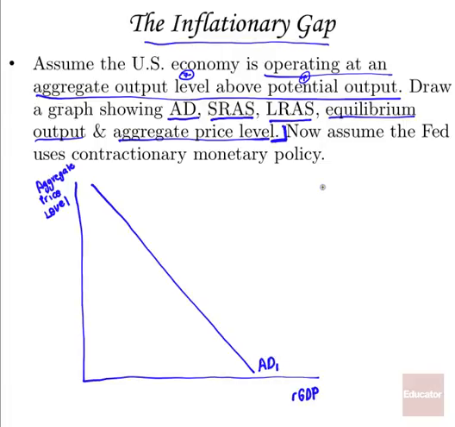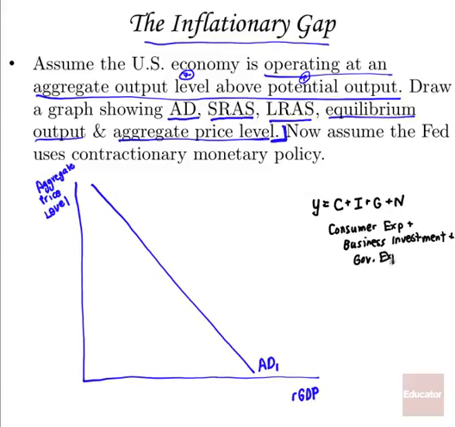Remember, let's put as much of the macroeconomics as we can onto each page. Aggregate demand is Y equals C plus I plus G plus NX. What's composed of this aggregate demand is consumer expenditures plus business investment plus government expenditures plus net exports.